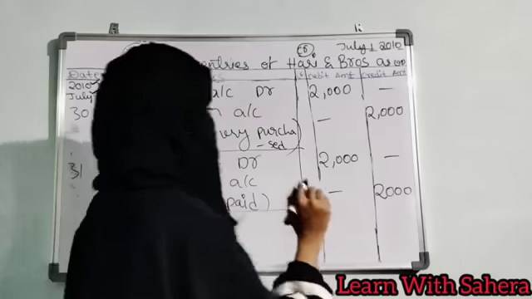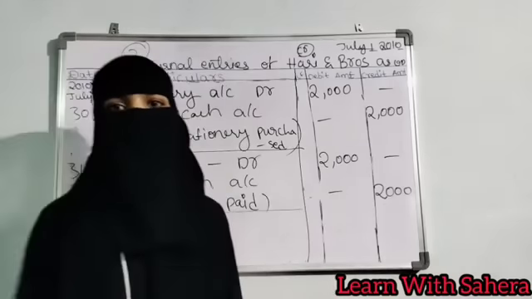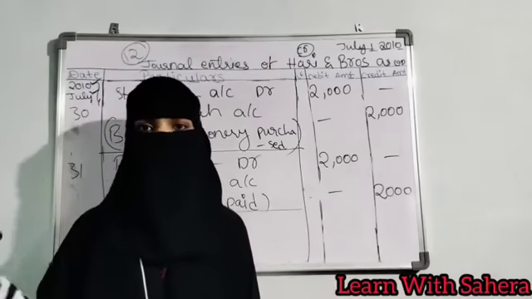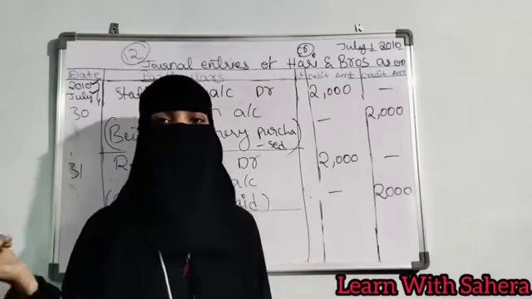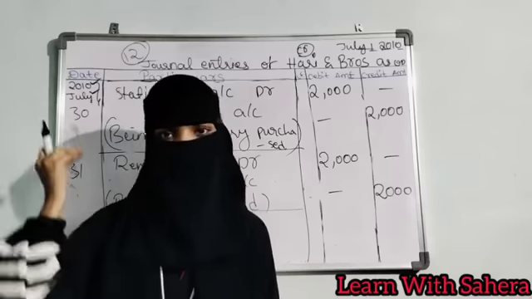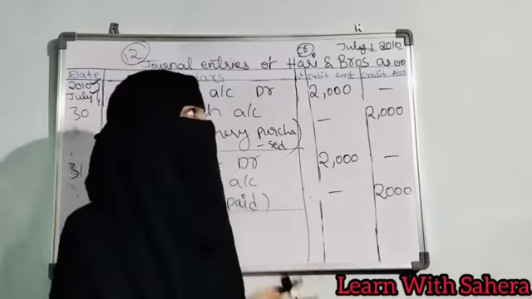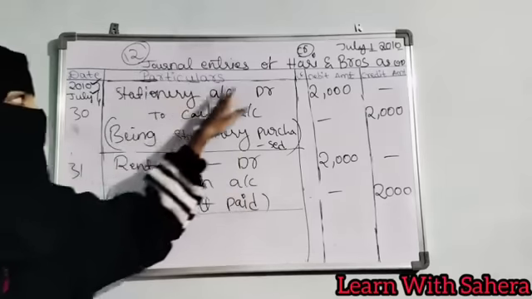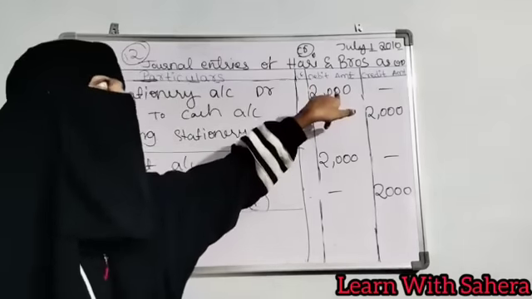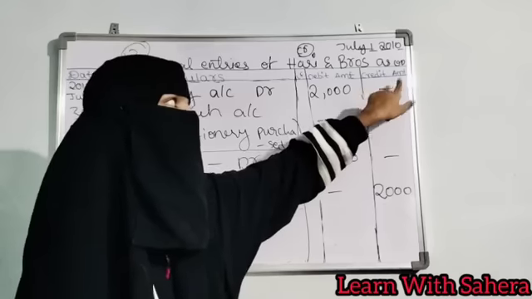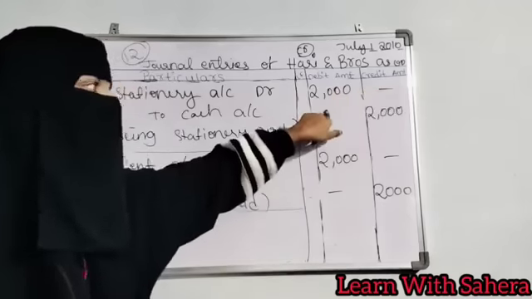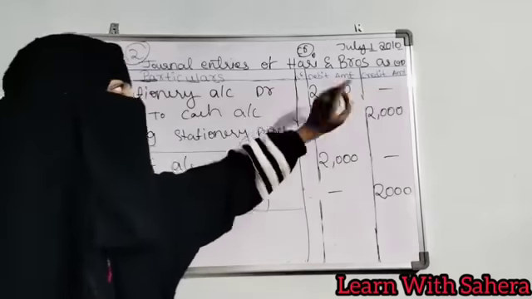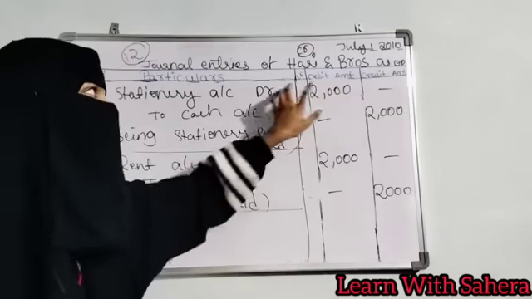Okay. So we are done with the journal entries, children. This was your journal entry. How we need to post the transactions into the particulars and how we need to take the debit amount and credit amount: when we are taking it as debit, then the amount should also be under debit. We can't write this amount here because it is a debit amount. We have to take it under the debit only.